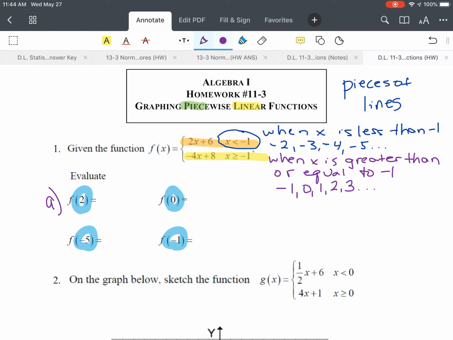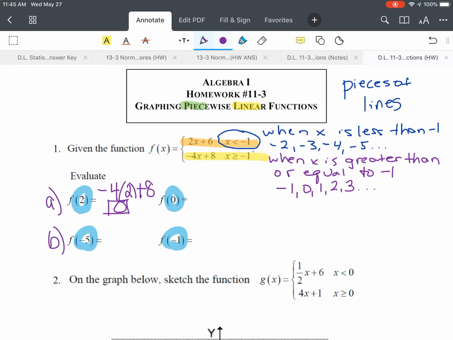So I'm going to substitute 2 in for x, and then you could put that right into your calculator, not into the y equals, just into the regular screen. We're just trying to do -4 times 2 plus 8. So when you do that, you get 0. So f of 2 is 0, okay?